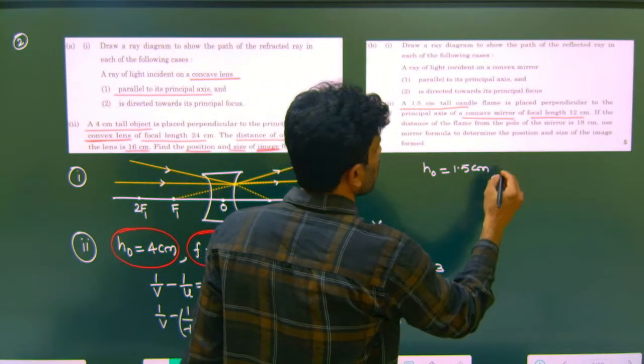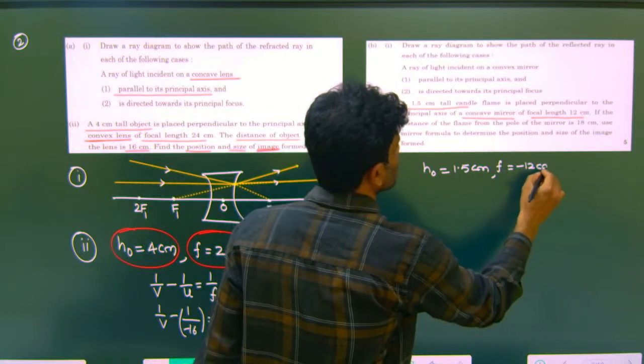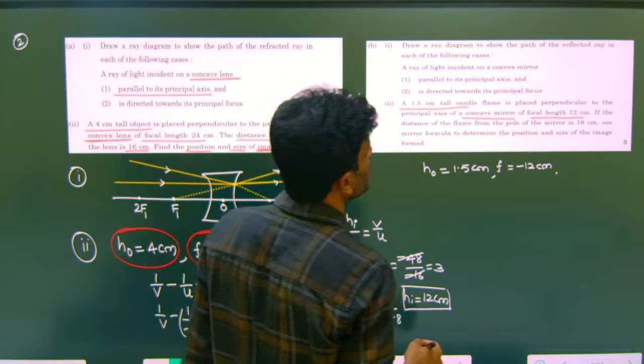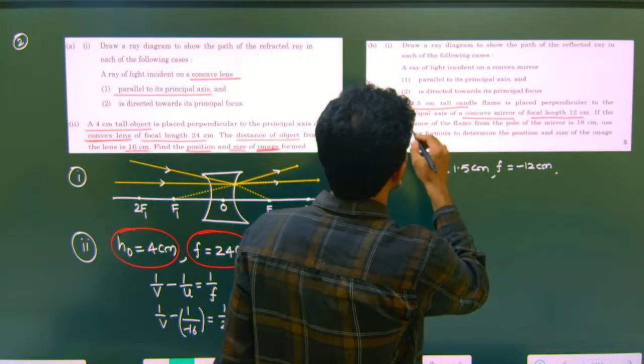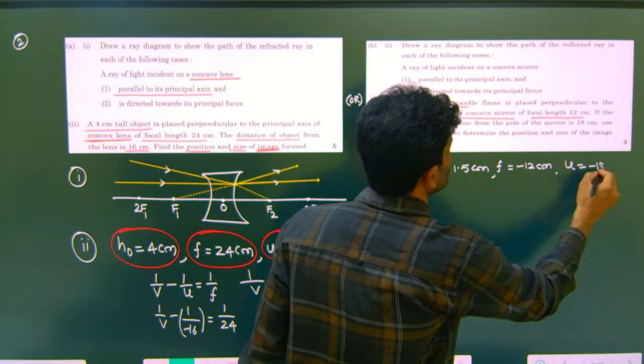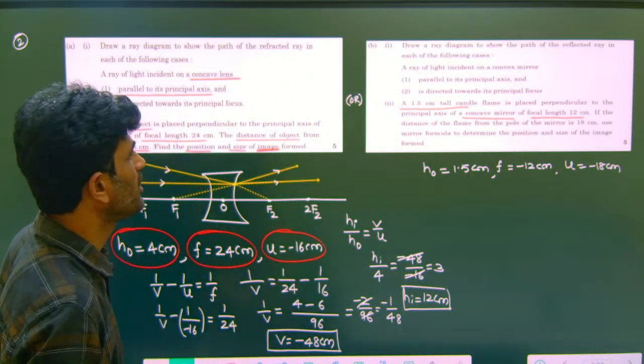Because it is concave, the focal length f should be taken negative, minus 12 centimeters. The flame is at a distance from the pole of the mirror, that is the object distance u is equal to minus 18 centimeters. What we have to find out is the position and size of the image formed.